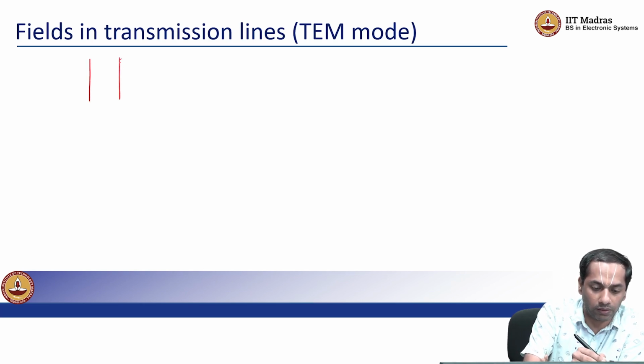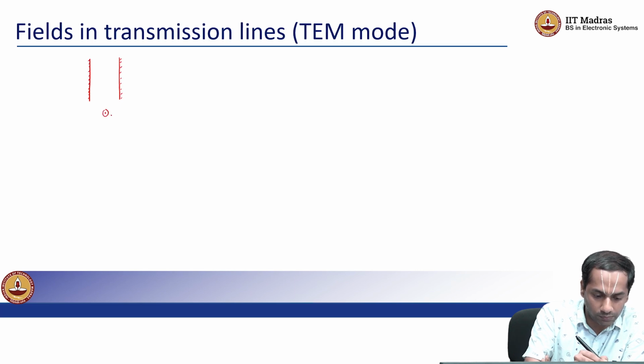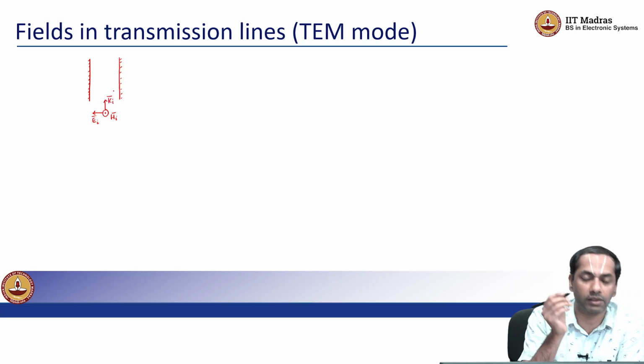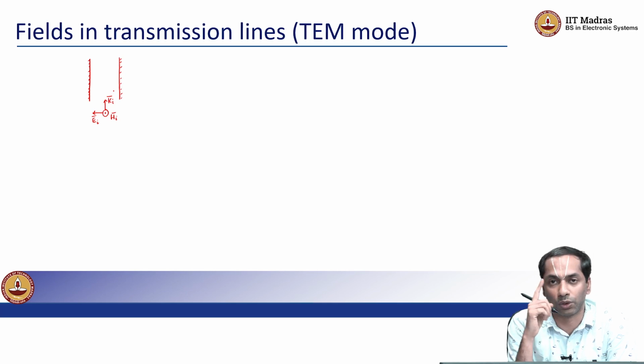If you can recall, a plane wave solution such as this, even in the presence of a bounded medium, two perfect conductors placed parallel to each other with some distance d, I can have a solution for electromagnetic fields that is the same as the values of electric and magnetic fields as represented by a plane wave in an unbounded medium.